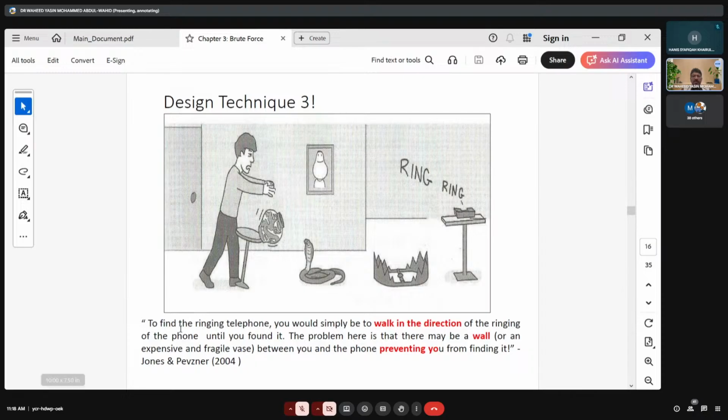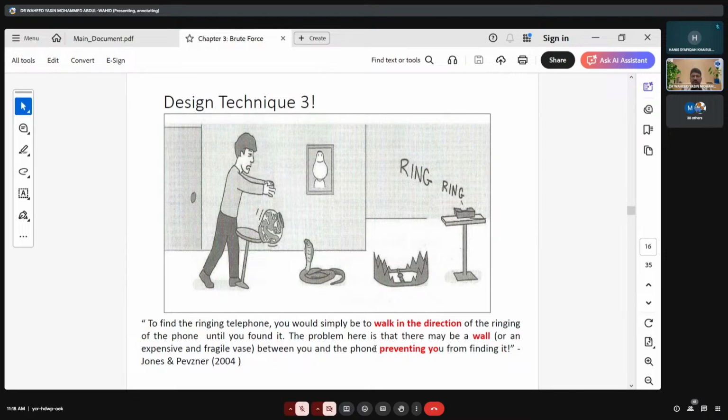Technique 3: to find the ringing phone, you would simply walk in the direction of the ringing until you found it.